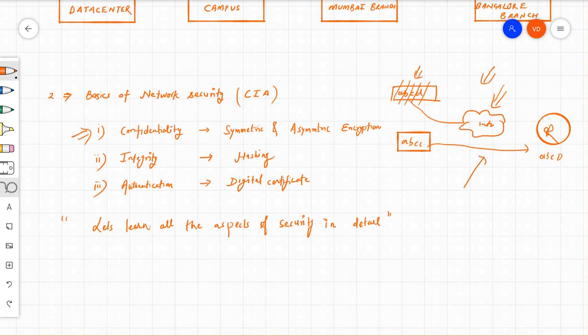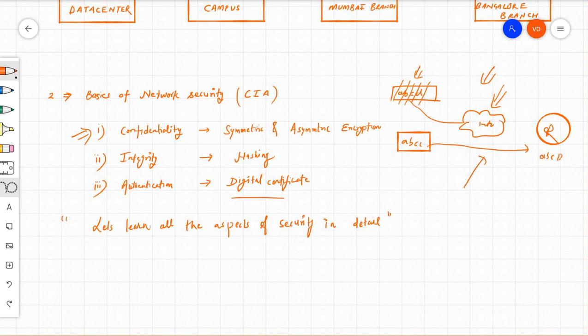If they are not able to read it, they can destroy our communication by just altering it. So integrity makes it possible that your message at the receiver side is intact. Authentication, we will be discussing digital certificates in that.